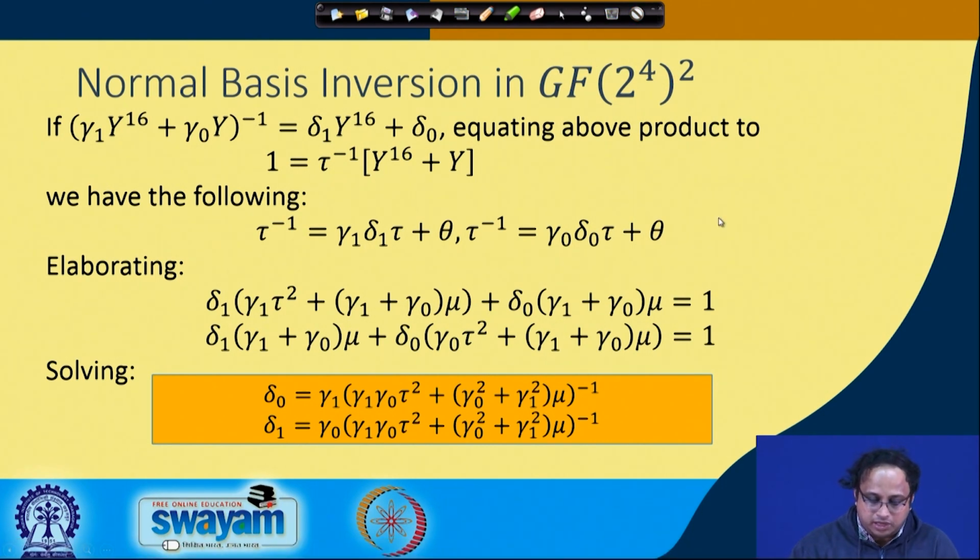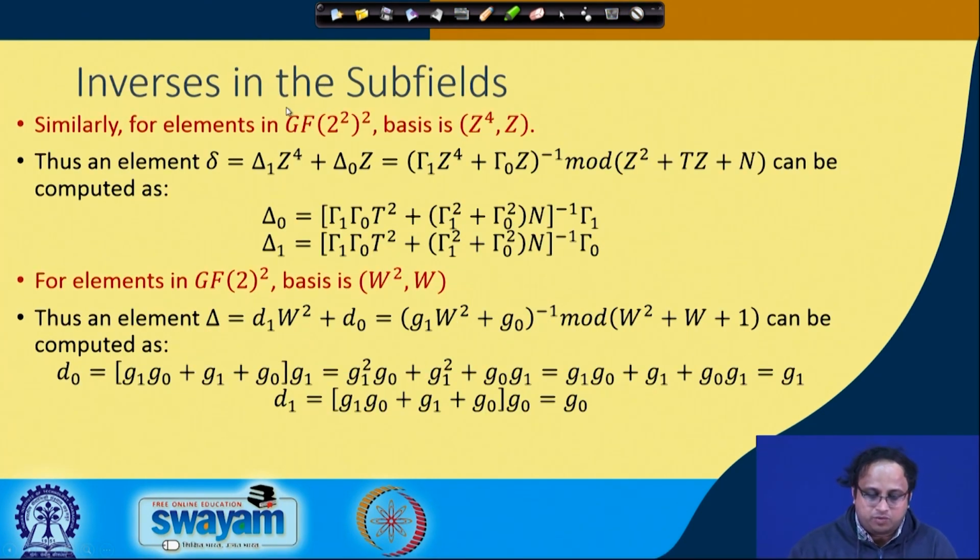So now we can do a similar thing for the GF 2 power of 4 inverse also. The GF 2 power of 4 inverse, we will now express as a GF 2 power of 2 whole power of 2 element, but the normal basis now will be z power of 4 comma z. So I will take elements like gamma 1 z to the power of 4 plus gamma 0 z.